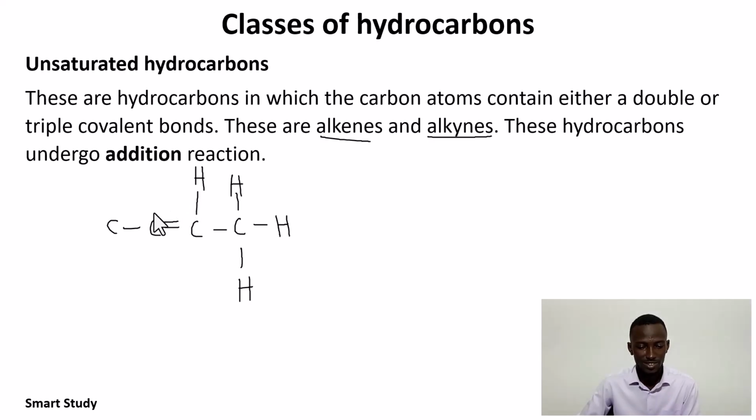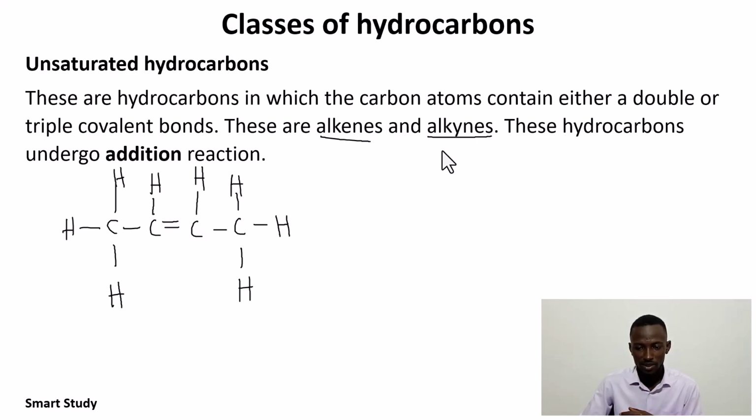So for now, just don't worry too much about it. There's only one hydrogen here and another hydrogen here. So this is an alkene. Why? Because of the presence of the double bond over here. The double bond you see over here makes it an alkene, and therefore it's an unsaturated hydrocarbon.